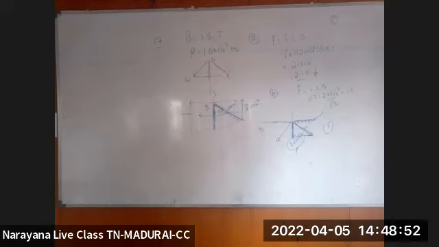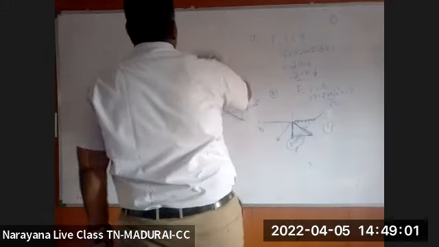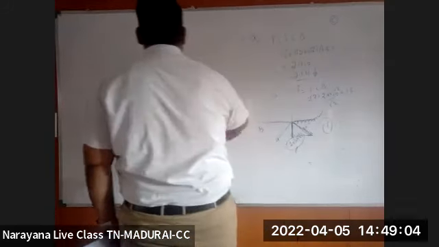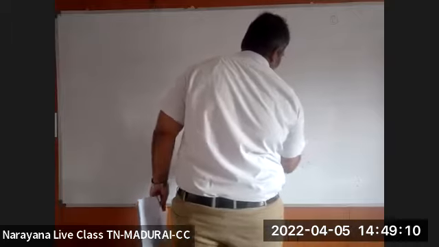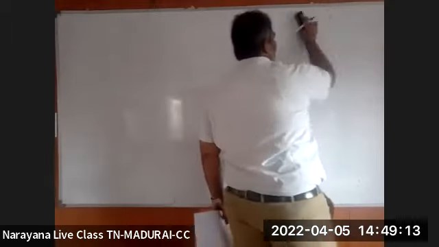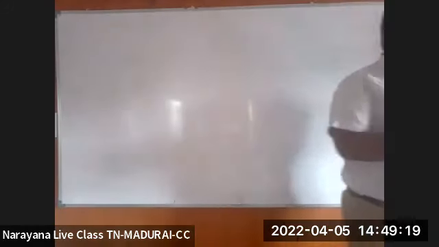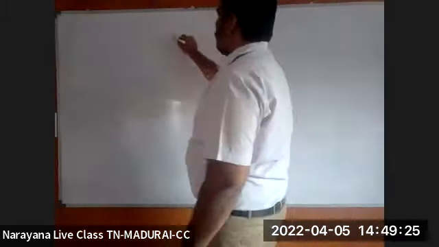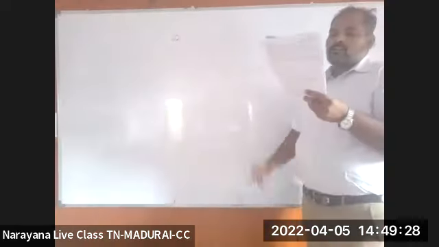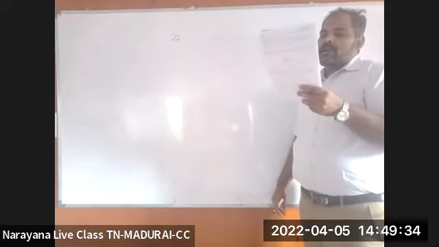Next, question number 22. A closed loop PQRS carrying current is placed in a uniform magnetic field.